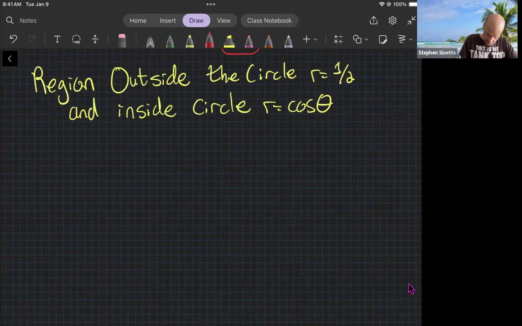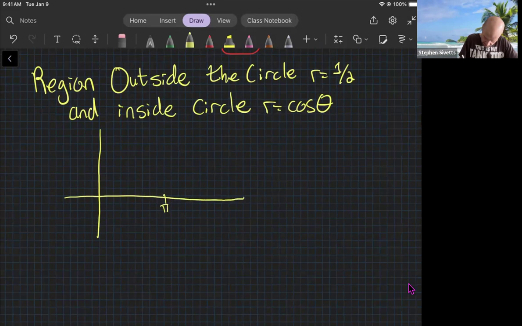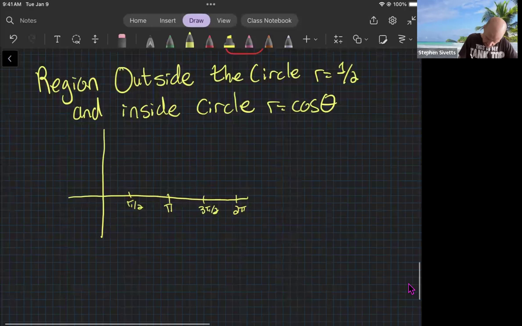As a reminder, this would be the cosine graph that you should all know and be aware of, right? So pi over 2, and then rise, pi over 2.